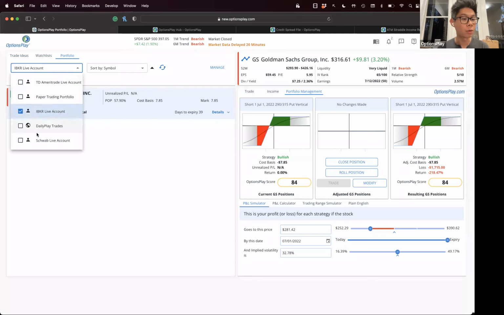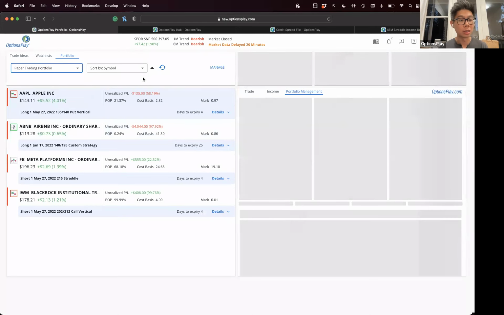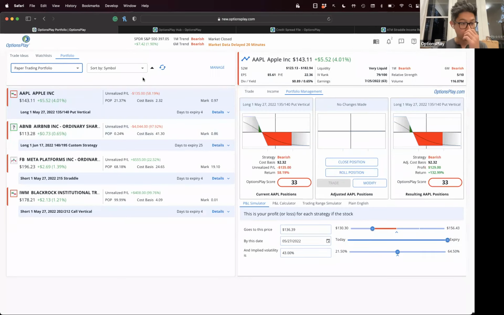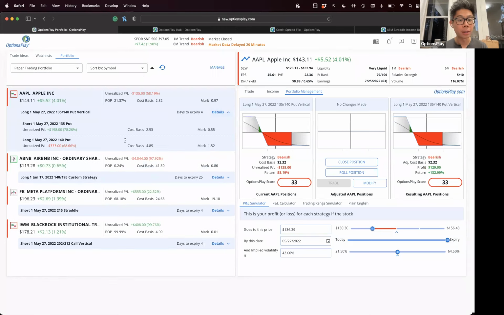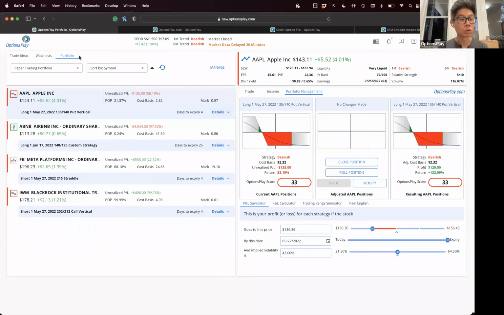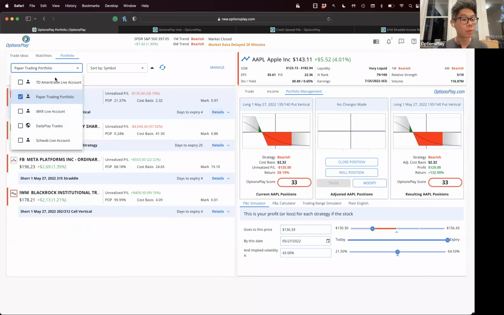You can view all of your portfolios, one at a time, using this portfolio tool. This portfolio tool is designed to help you look at positions from a summary basis or dive down into individual leg basis and track the unrealized P&L of all of your open positions very easily in one screen. And you can do this across all of your portfolios.